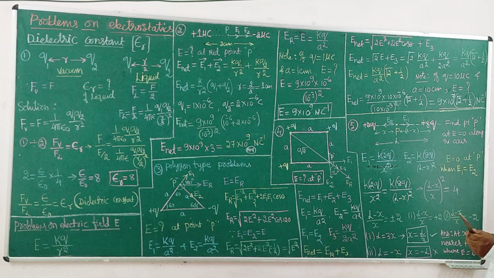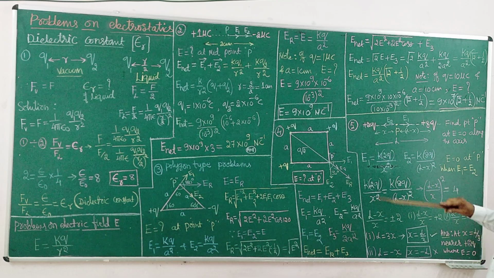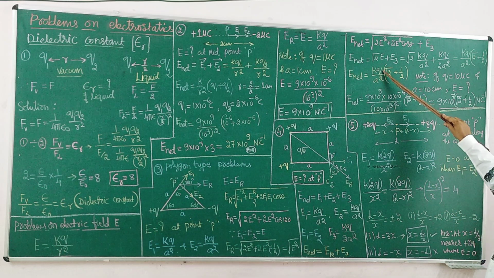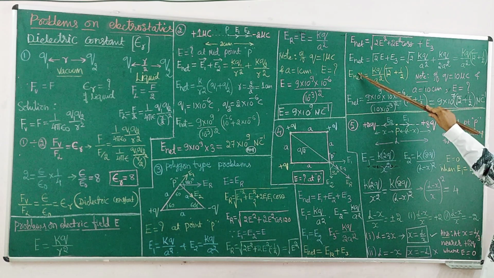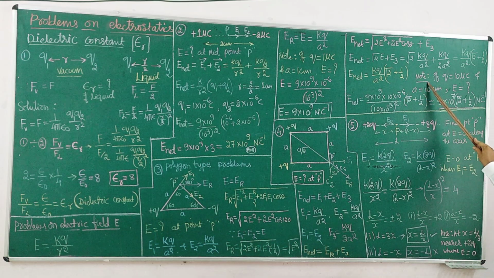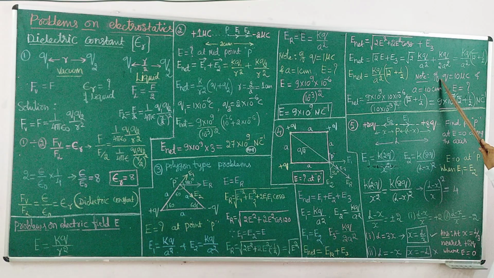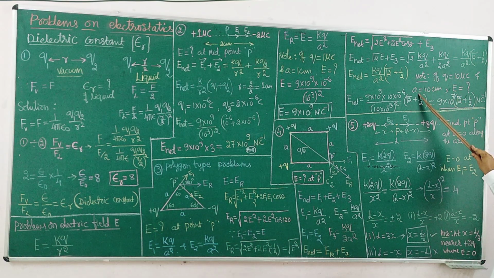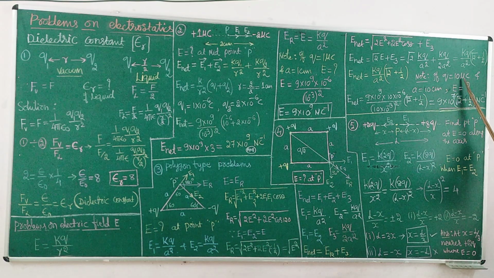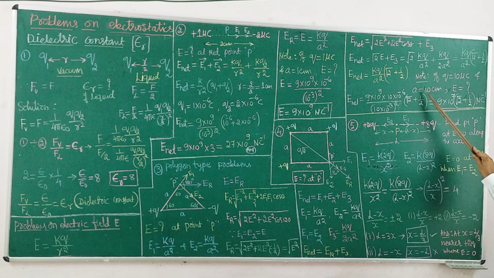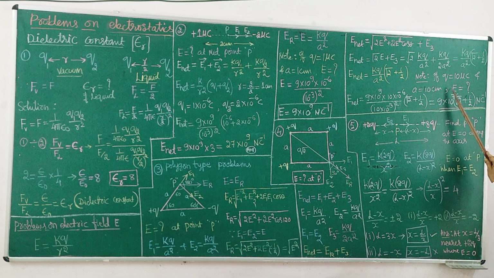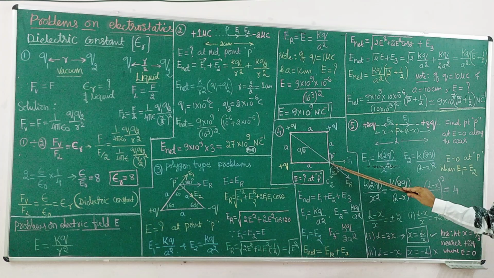If we have different numerical values, suppose for different values of k, q and a, we can assign numerical values. Accordingly, this will change. For these numerical values, we can set any number of problems for different values of q and a. If q equals 10 micro coulomb and a equals 10 centimeter, let us see what is the value of E at this point.